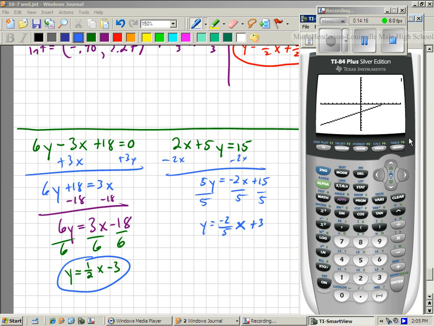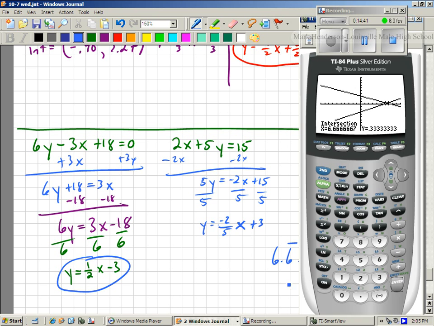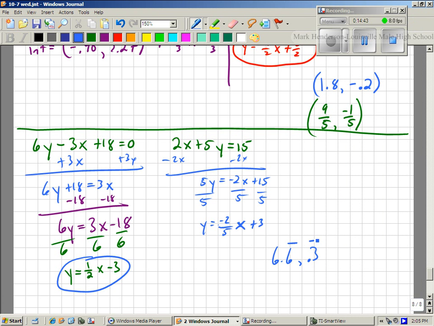You graph it, you can see that one goes up as it goes to the right, one goes down. I must type something in wrong. No, that's right. We go to second, calculate the intersection. Ask you for the first line. Ask you for the second line. Ask you to guess. Tells you that 6.6 repeating and 0.3 repeating.